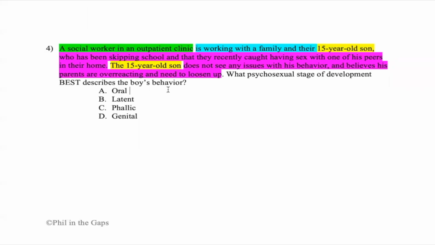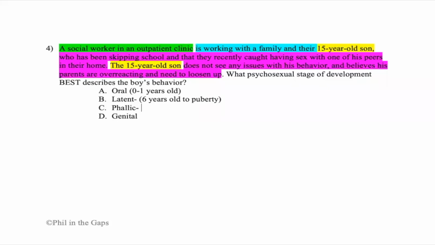So let's break down each stage based on the age and then compare the specifics of the stage back to the question to see what we're looking at in particular. So A, the oral stage is going to be from 0 to 1 years old. B, the latent stage is going to be 6 years old to puberty.